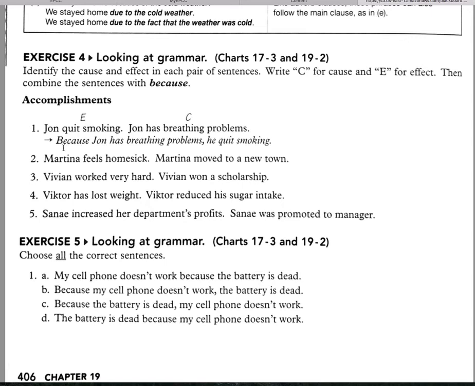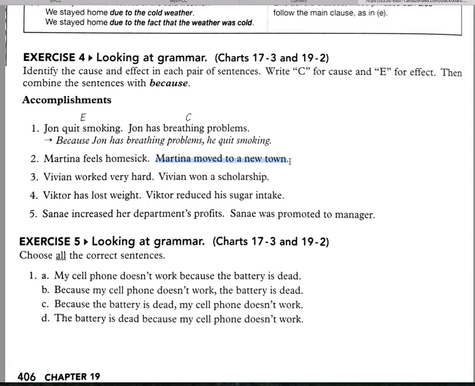Look at number 2. Martina feels homesick. Martina moved to a new town. So ask yourself, what is the cause and what is the effect? So here, Martina moved to a new town. That's the cause.